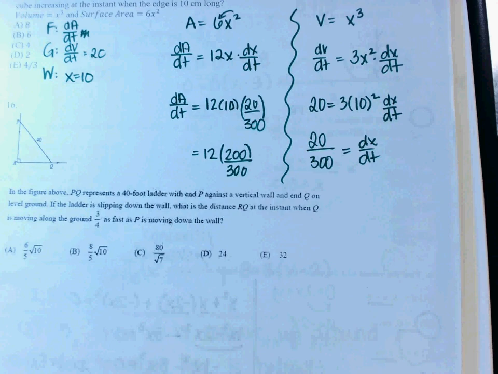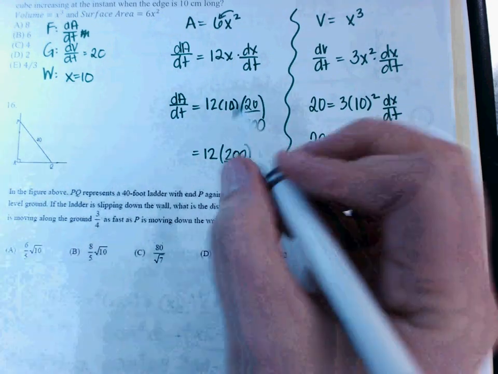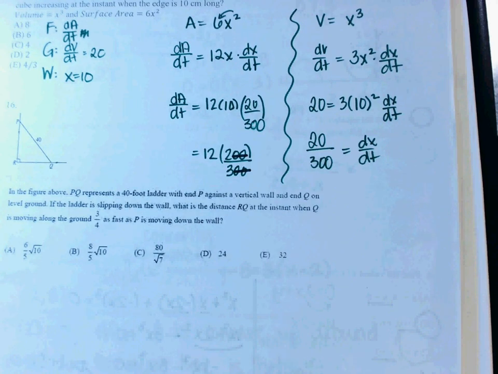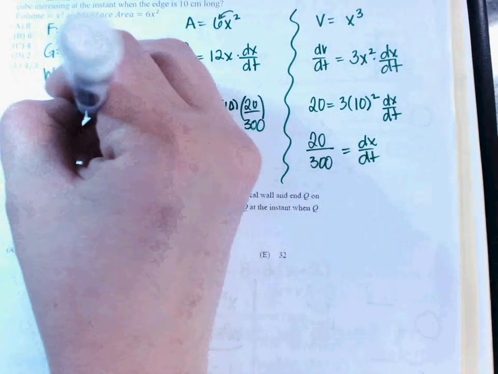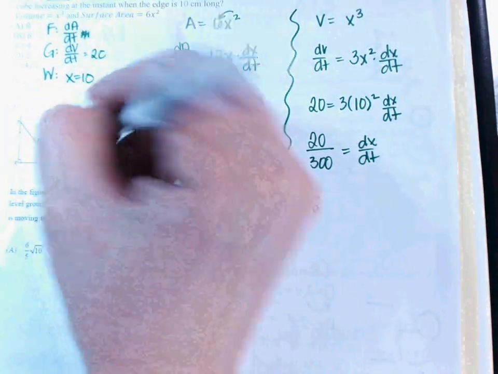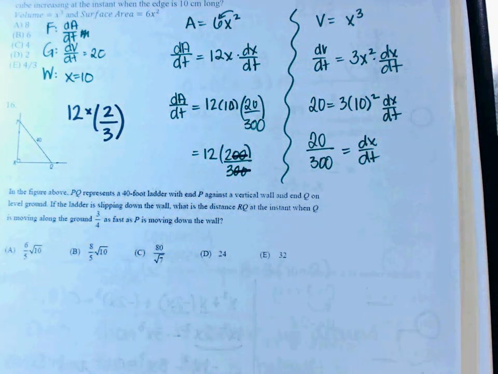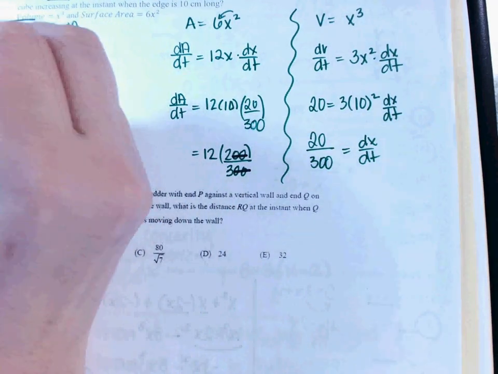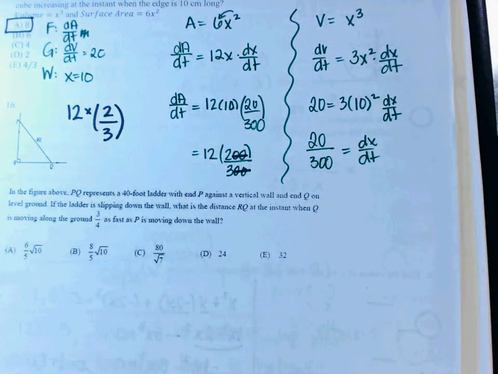So if I do 200 over 300, that's really just 2 over 3. And then everybody can do 12 times 2 over 3. What's 12 times 2 on top? 24. Divide by 3 is 8. Answer choice A. Okay?